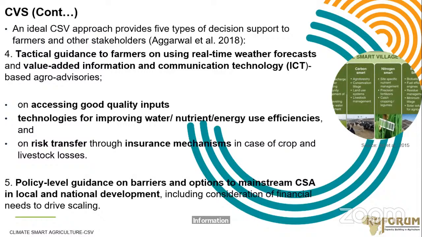So these are very key for accessing good quality inputs and technologies for improving water, nutrient, and energy use efficiencies, as well as on risk transfer through insurance mechanisms in case of crop and livestock losses.